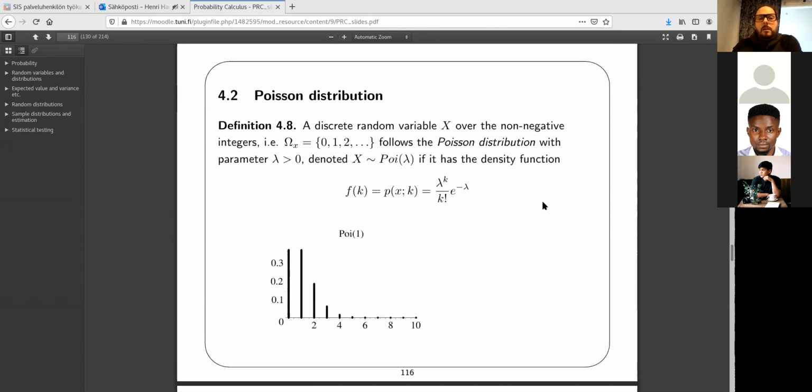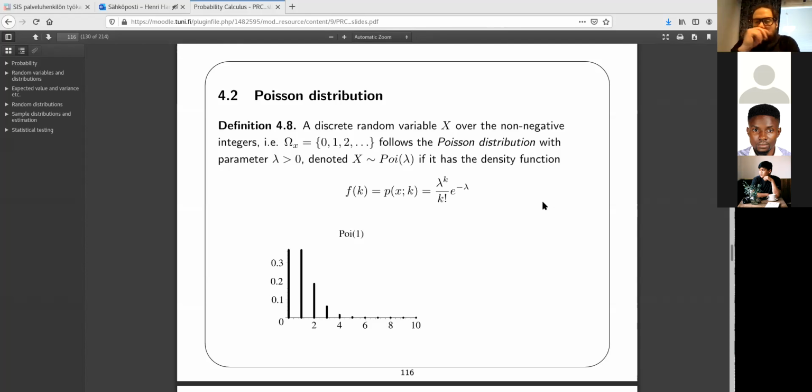Another important distribution, in addition to the binomial distribution, is the so-called Poisson distribution. And now in this case, we'll describe shortly the sort of processes that give rise to the Poisson distribution. But we can think of it as a possibly infinite sample space, consisting of non-negative integers 0 to some number.